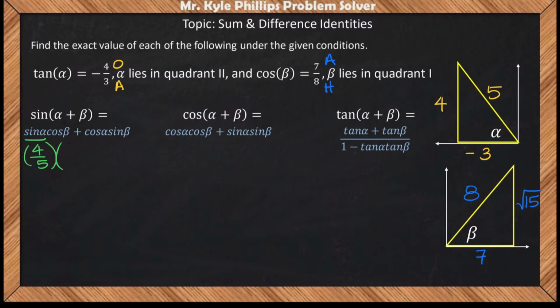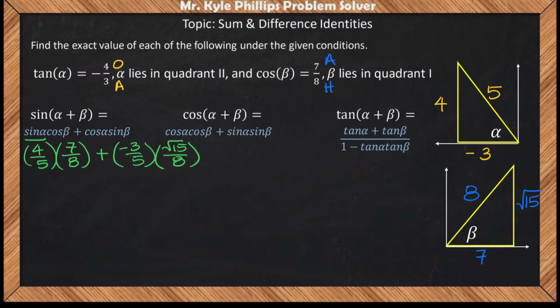Well, cosine of beta was given to us in the problem, and that's 7/8. And then we're going to add to that cosine of alpha. So I come up to alpha. Cosine is the adjacent over the hypotenuse. So that's -3/5. And sine of beta. Sine of beta is going to be the opposite over the hypotenuse. So that's the square root of 15/8.